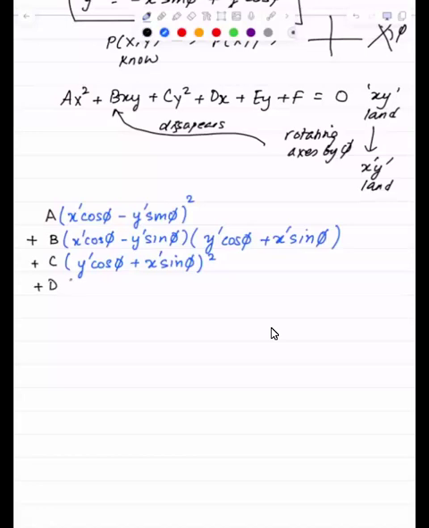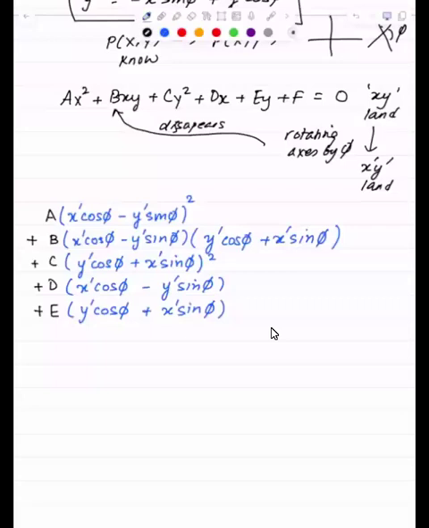And here again, the x is going to be x prime cosine phi minus y prime sine phi, plus the e. And the y will be y prime cosine phi plus x prime sine phi, plus f. And this equals 0.